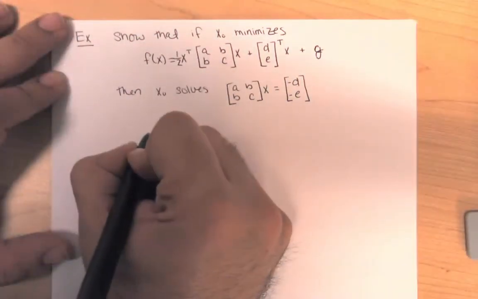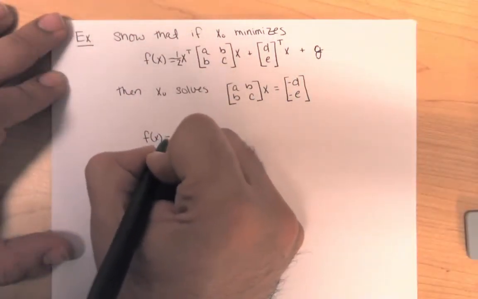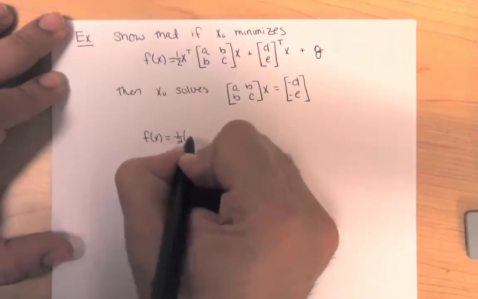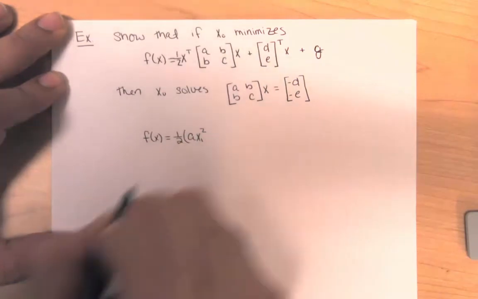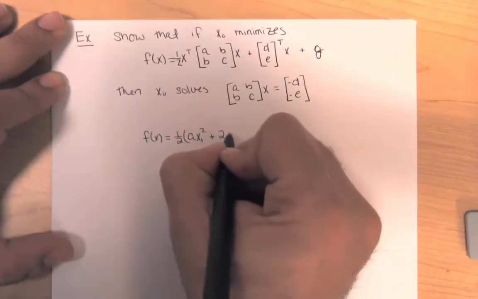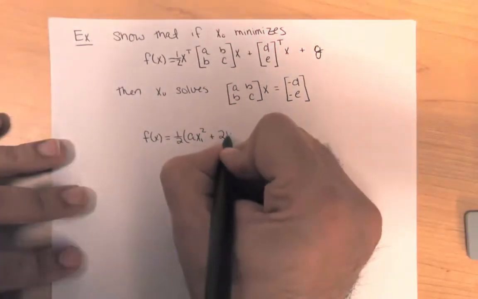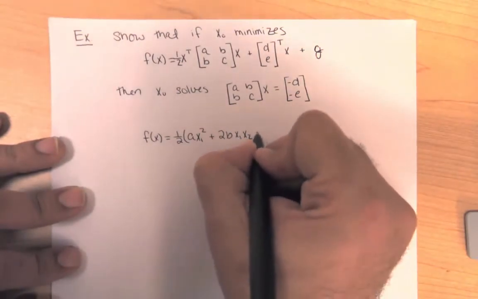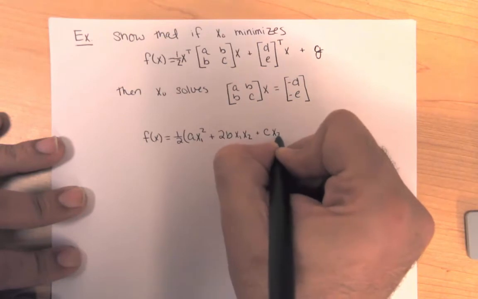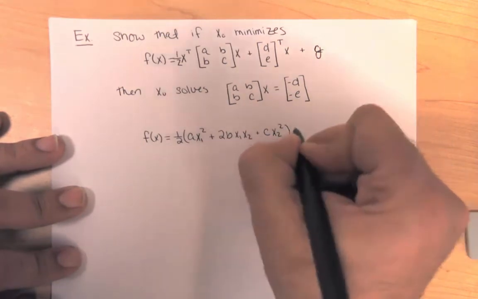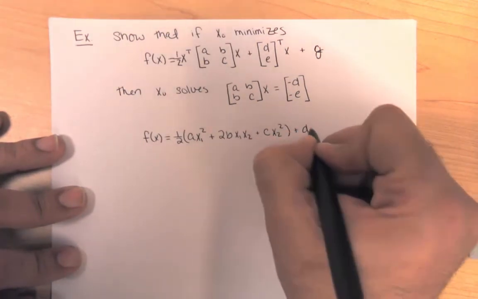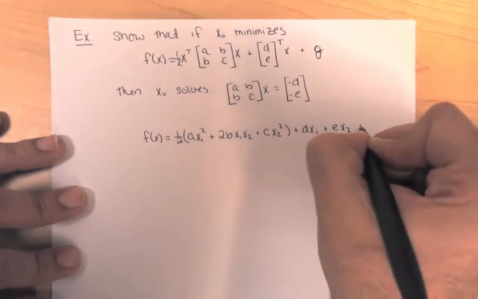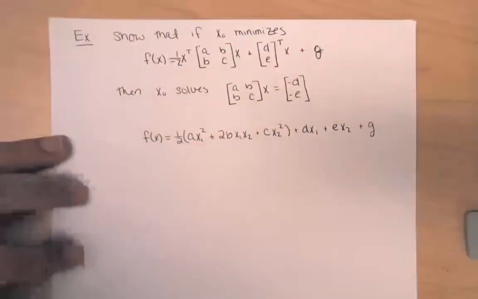So f of x is, if I multiply this out, I'll get 1/2 times a times x1 squared plus 2 times b times x1 times x2 plus c times x2 squared, plus d times x1 plus e times x2 plus g.